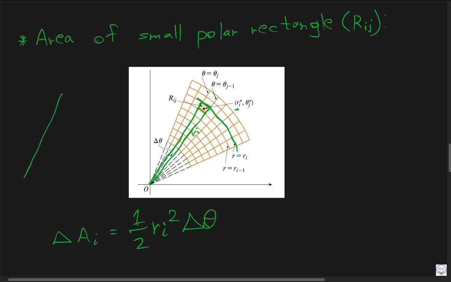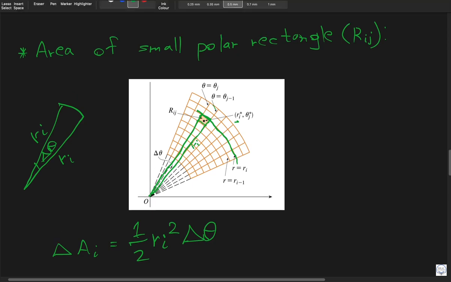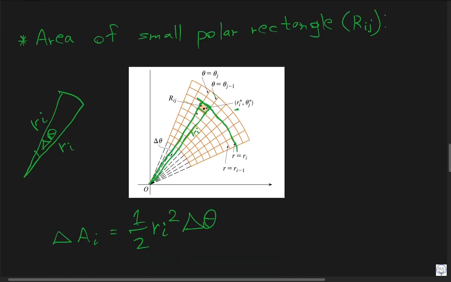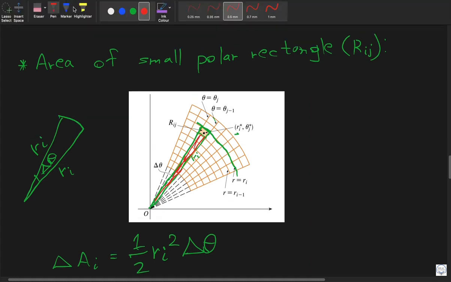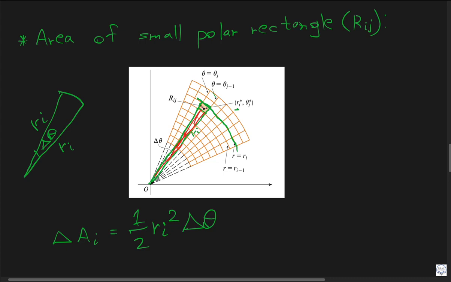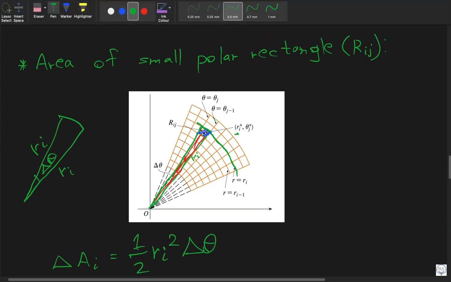If I zoom in, it will look something like this. The angle will be delta theta, and R i will be the radius, so this area will be half R i squared delta theta. But we have to subtract from this particular sector, so that we only have the area of our small polar rectangle in blue. So let's now subtract it.